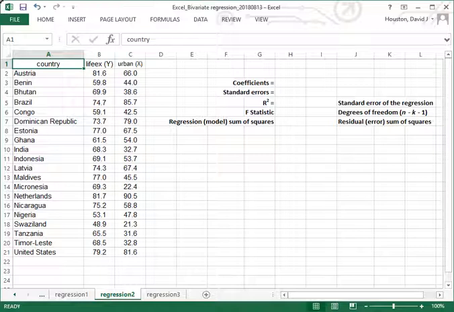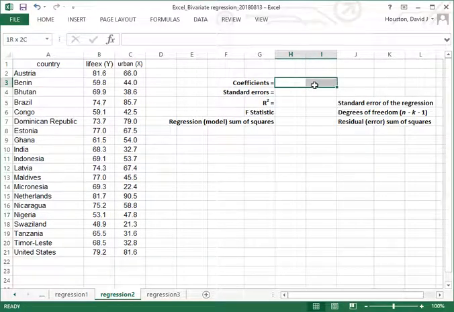What I'm going to do here is use the LINEST function in Excel to generate a bivariate regression model regressing life expectancy on urbanization. Now, LINEST is best used as an array function. So what we want to do is first of all highlight the range of cells into which we will have the results placed.